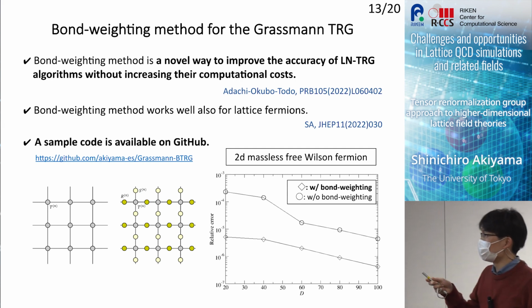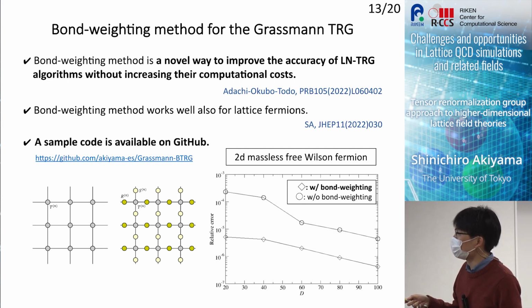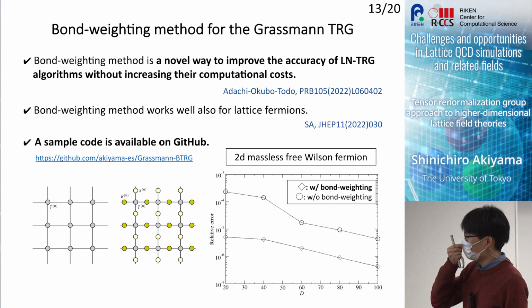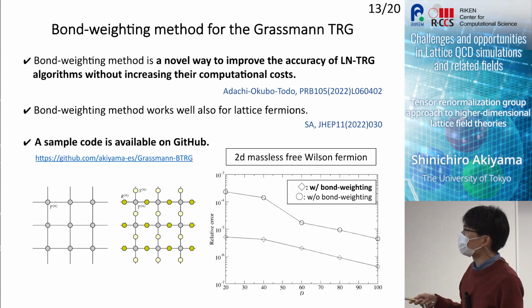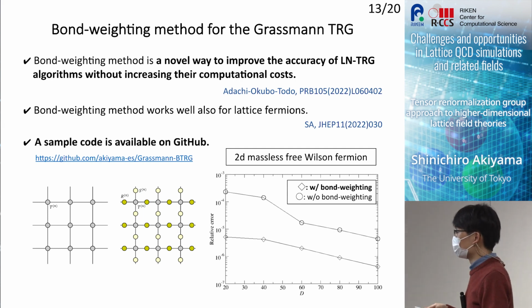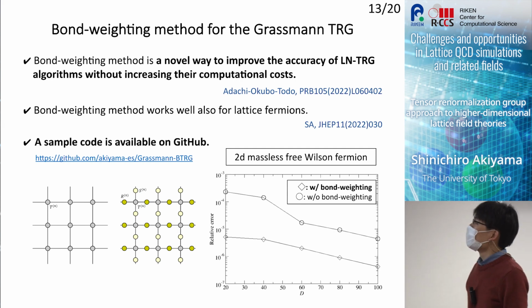I don't explain this method in detail, but the point is that by using this method, we can improve the accuracy of the original TRG without increasing its computational cost. So this is a very nice improvement of the original algorithms.